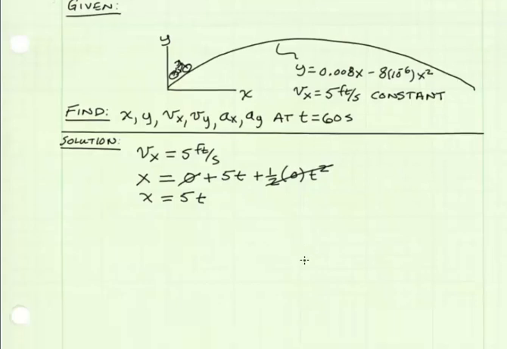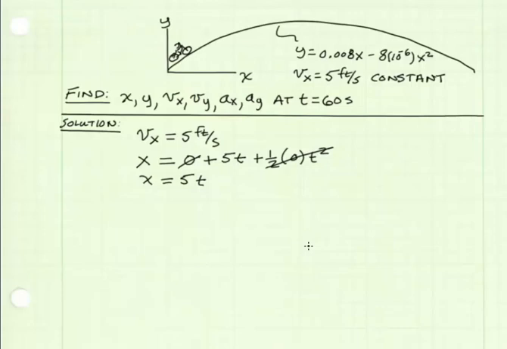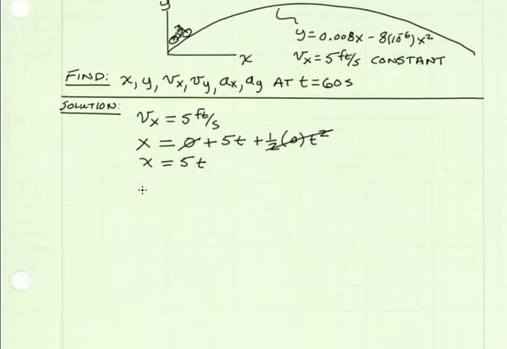Next, I need to relate my x and y velocities. So I'm going to start with my equation y equals 0.008x minus 8 times 10 to the minus 6 x squared.